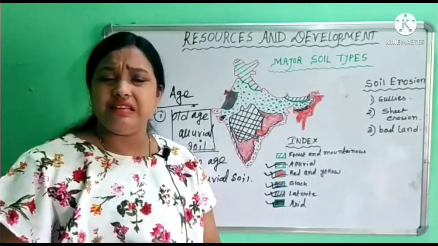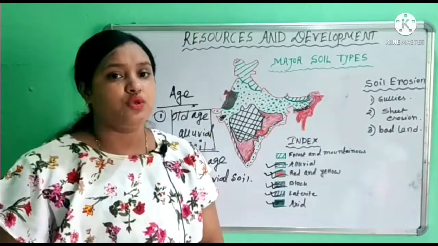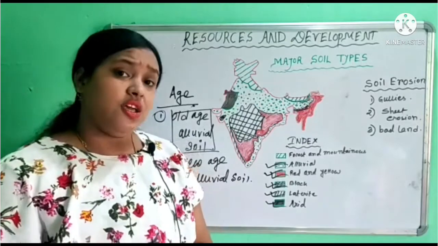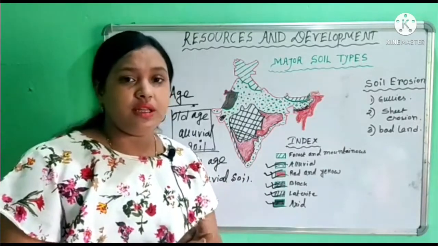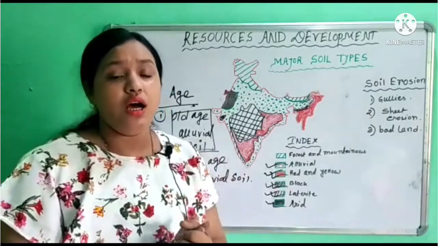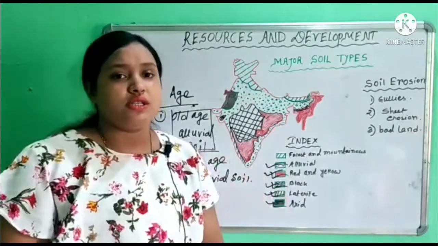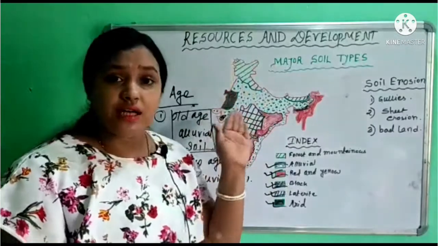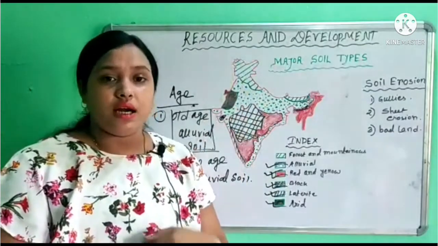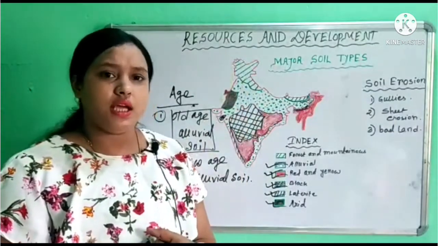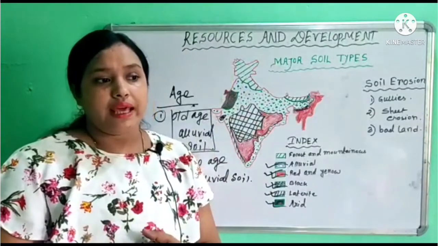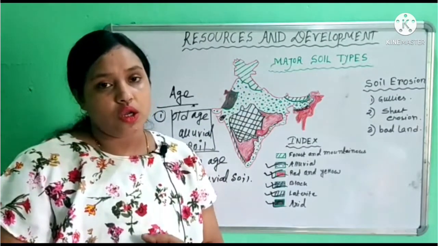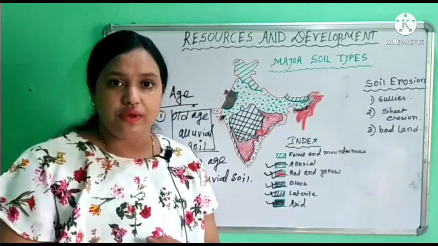So this soil is not suitable for cultivation, but if irrigation is possible, then some parts of western Rajasthan are cultivable. If you take help from irrigation, then this soil is also helpful for cultivation.